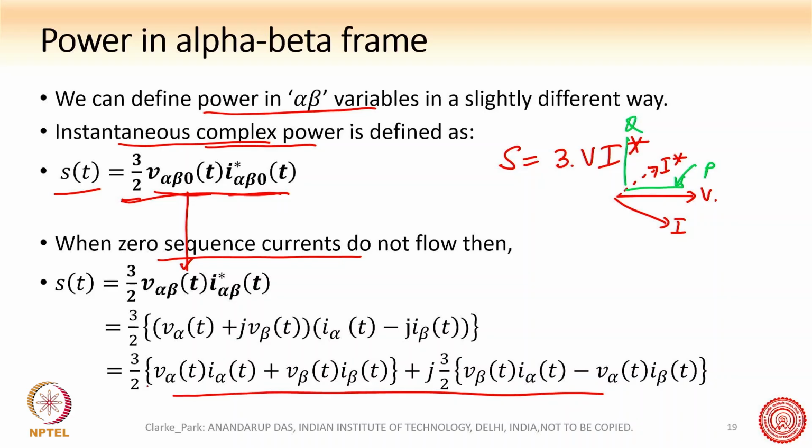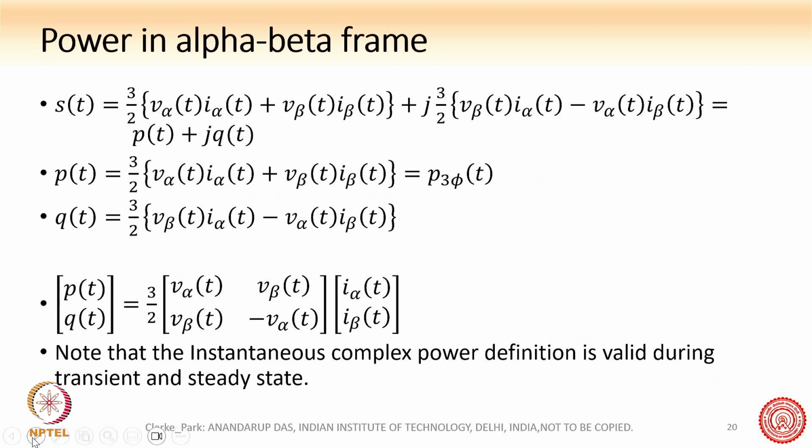Where you have 3 by 2 V alpha I alpha plus V beta I beta plus J. So there is a real part here, okay, and there is an imaginary part here, as expected, because now we are dealing with complex power. So ST is the instantaneous complex power, and it has a real part and an imaginary part. So let us see what this real part is.